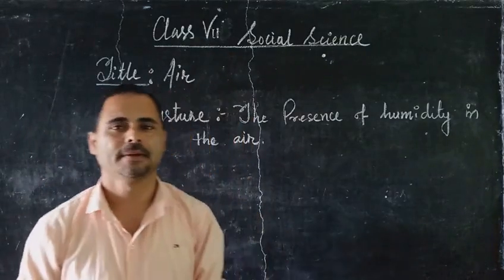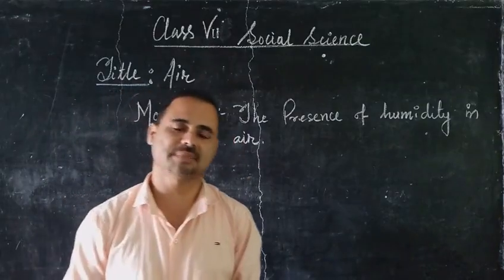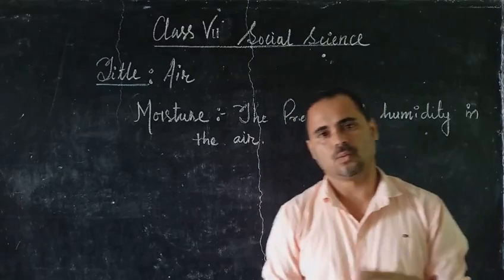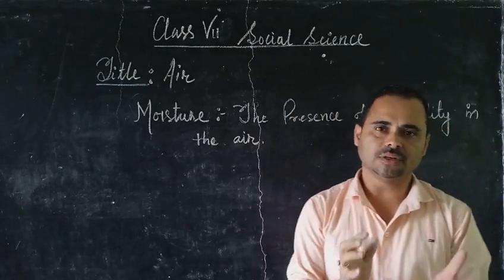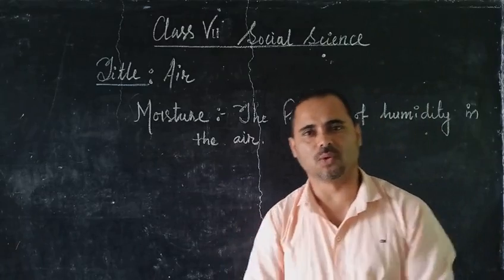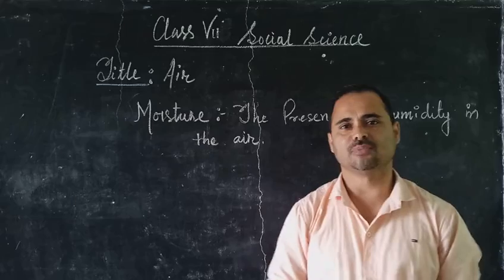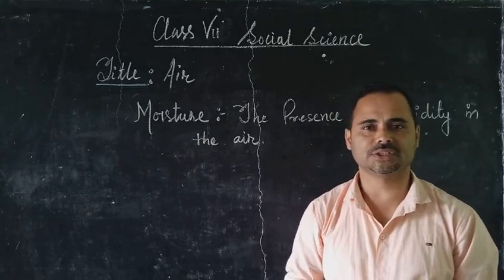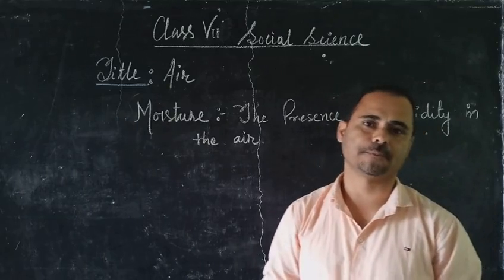What is the moisture? The moisture means the presence of humidity in the air. When the amount of moisture is more in any atmospheric conditions, the weather or the climatic conditions of that place will be very different.